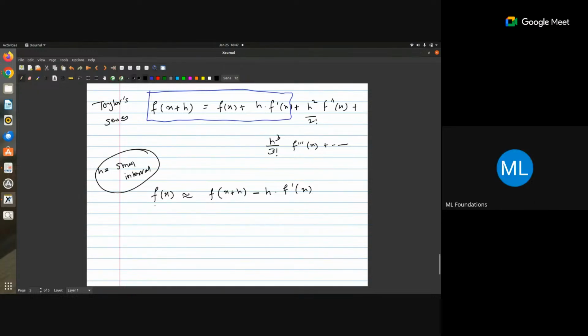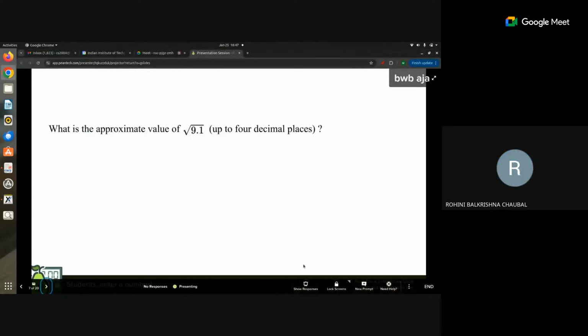I think that is your linear approximation. What do you do for quadratic? We'll have to include the next term. But yeah, this is fine. What is your question now? You have to use this. Sir, I want to write the question.